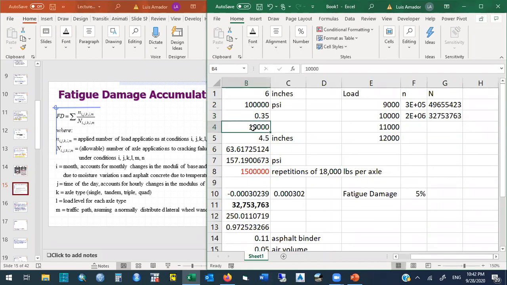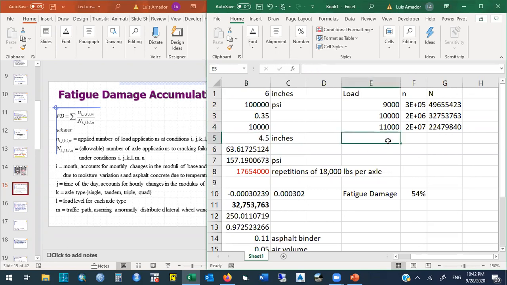Then you go with 11,000, and you count how many of those you have. And finally, the idea of what I'm trying to do now is to just tell you, you have to repeat this over and over with the different loads that you have.